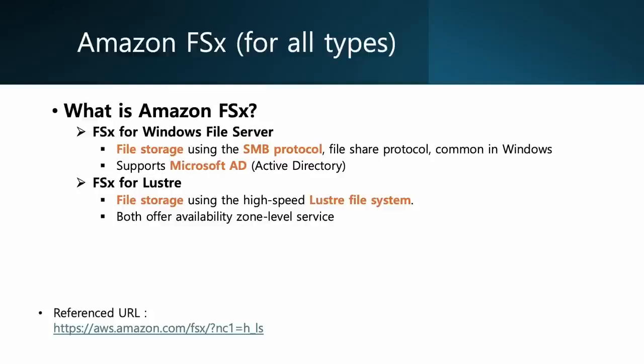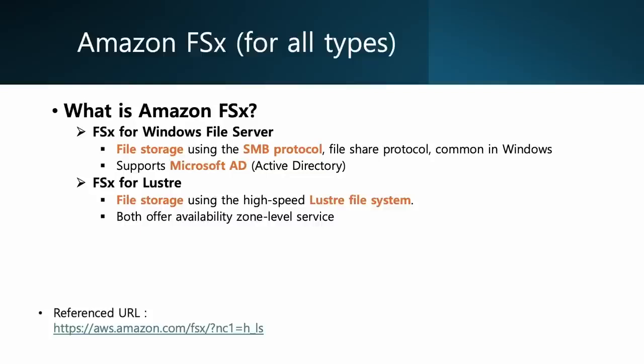Next, let's learn about Amazon FSx. FSx is also a file storage. FSx offers two main file storage options. The first is FSx for Windows File Server. This service provides file storage using the SMB protocol. The SMB protocol is a file-sharing protocol commonly used in Windows environments.